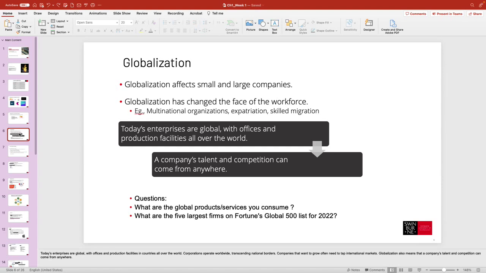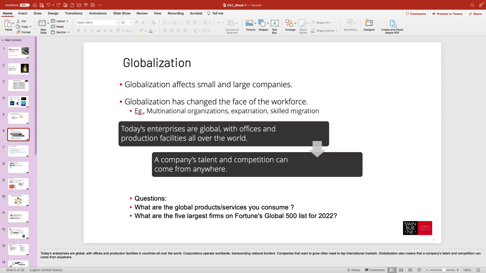Say, if you work for PwC in India, it will be somewhat easier for you to get into PwC Australia, because you already have some exposure to that PwC culture overall. So let me talk about skilled migration as well.